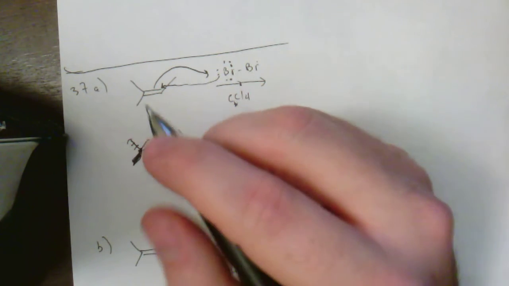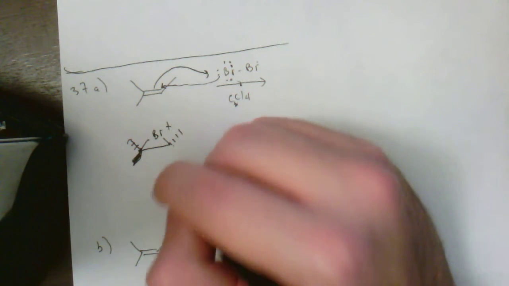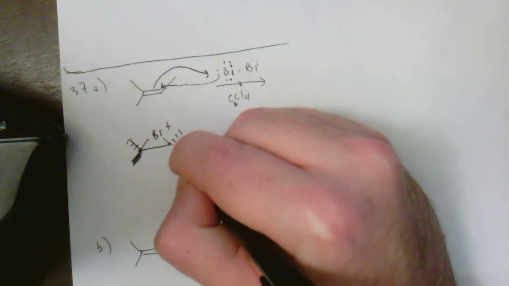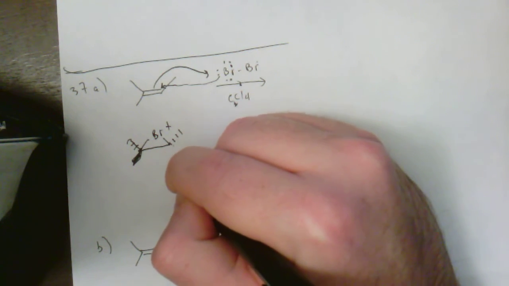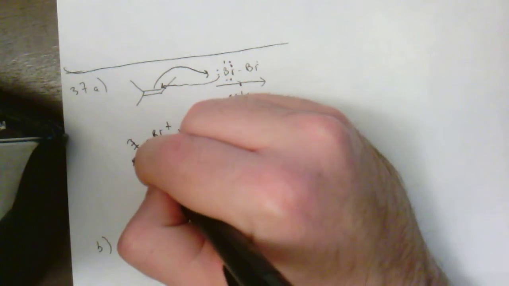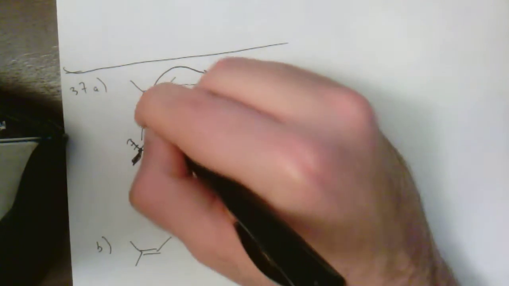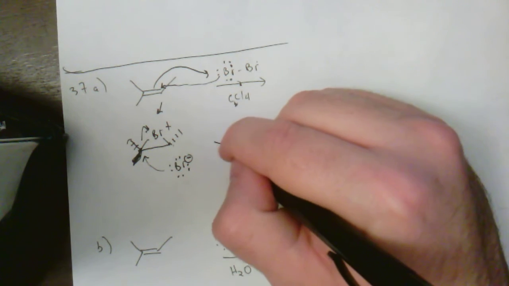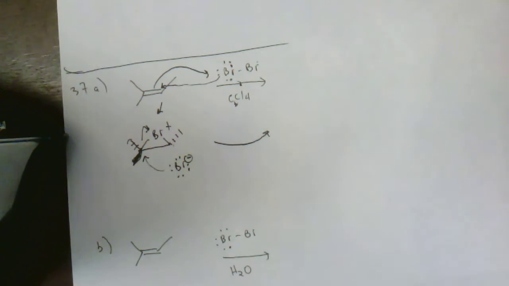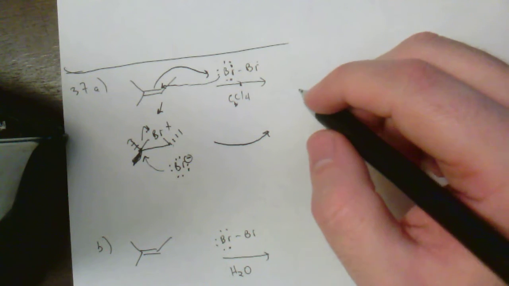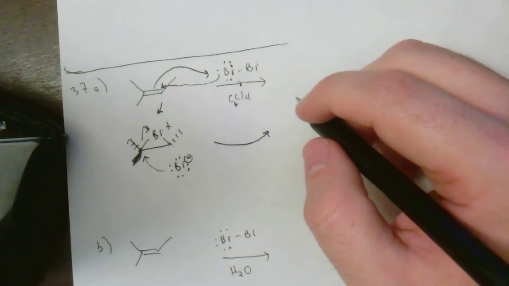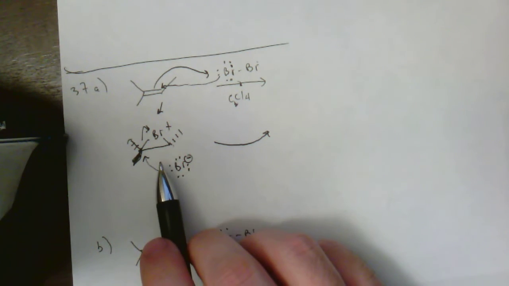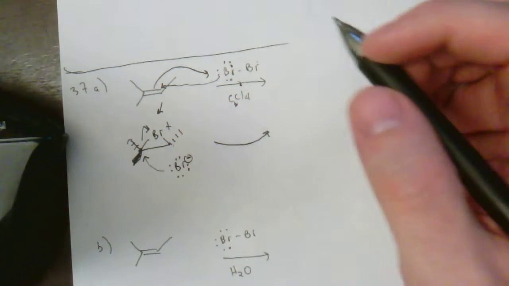Okay, and then my bromide ion is going to come in and attack on the more substituted side, right? And that's just going to take me all the way to my product. Now, in this case, okay, remember, they have to add anti to each other.